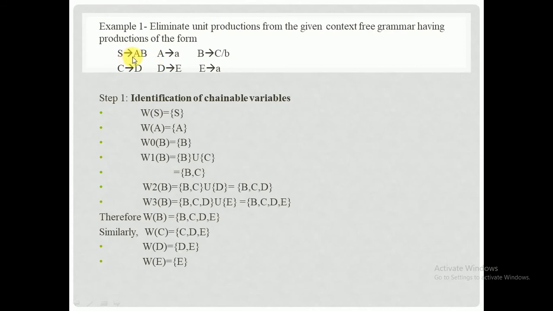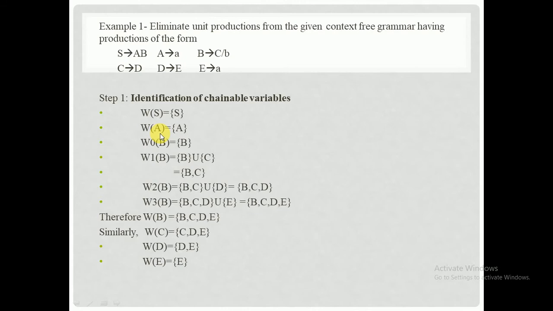S is not making a chain with some other variables, right? I hope you understand. S goes to AB, but AB is not going to any other variable. That is why in W of S, S will be the only variable. Similarly for W of A. Now A is terminating to small a. It is not generating another variable. That is the reason I have written capital A in W of A.